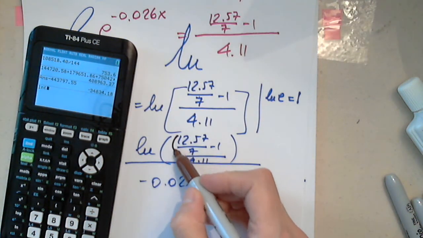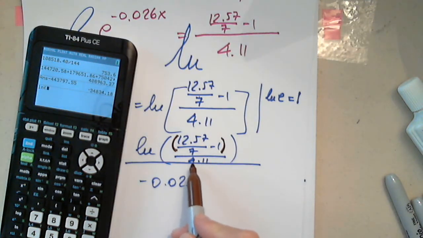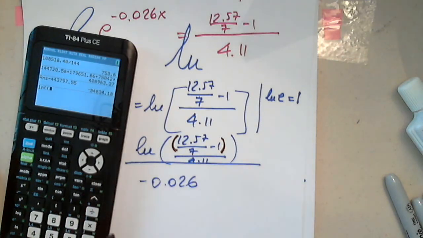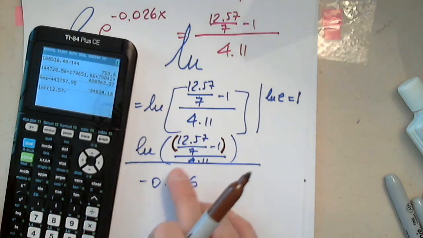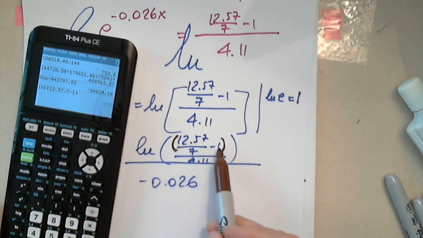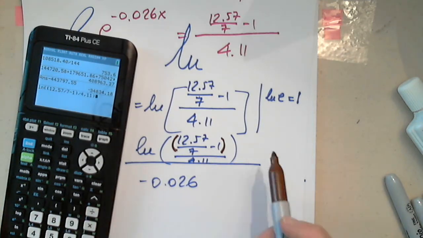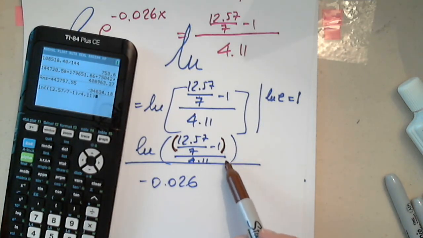But now we have to have parentheses around this. We don't have to put parentheses around 4.11. So left parenthesis again, 12.57 divided by 7, and then minus 1. Close the parenthesis for the numerator, and now divide by 4.11 and close the final parenthesis, which is this.